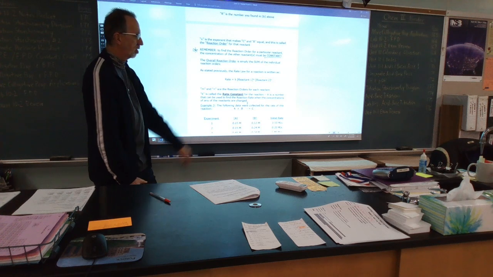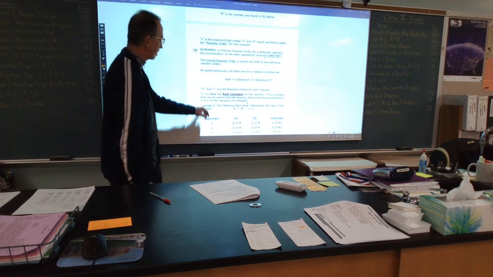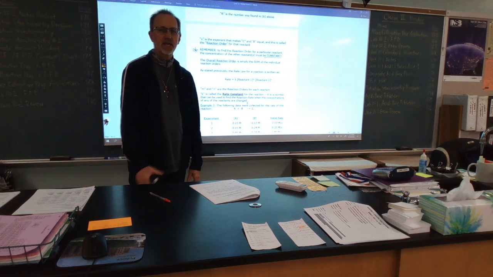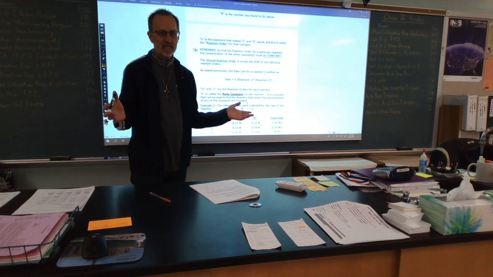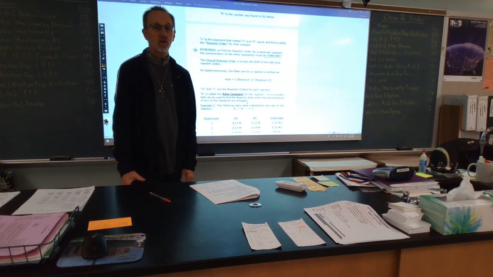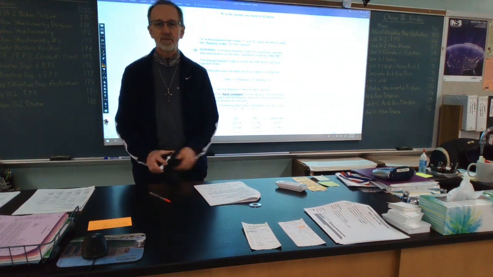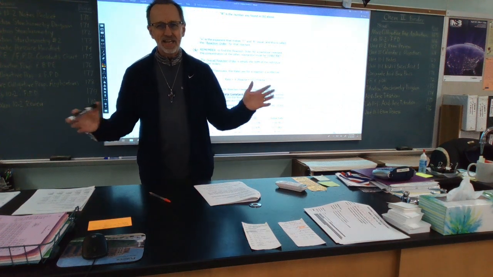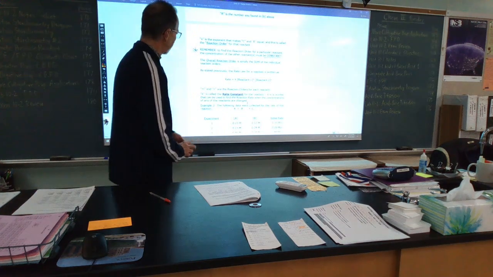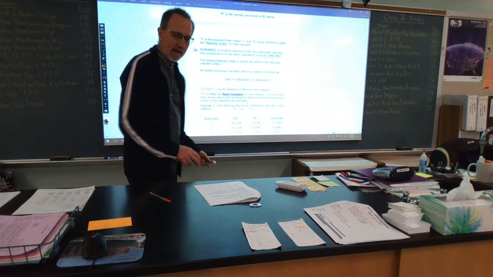It's a number that can be used to find the reaction rate when the concentrations of any of the reactants are changed in any way. That's the beauty of the rate constant. Once you know what its value is, you can determine and predict the rate of a reaction at any set of concentrations. Okay? All right, so let's run through one.